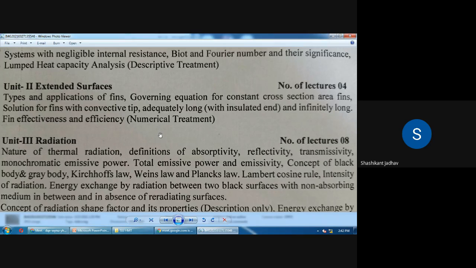But increasing h, that is the heat transfer coefficient, may require the installation of a pump or fan, or replacing the existing one with a larger one.